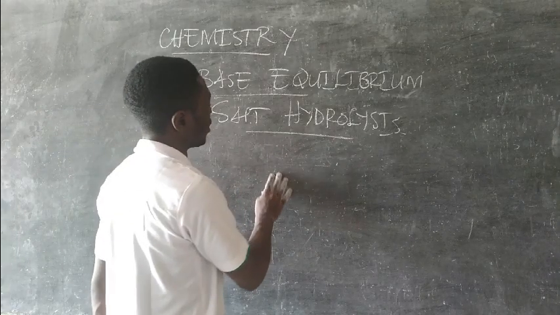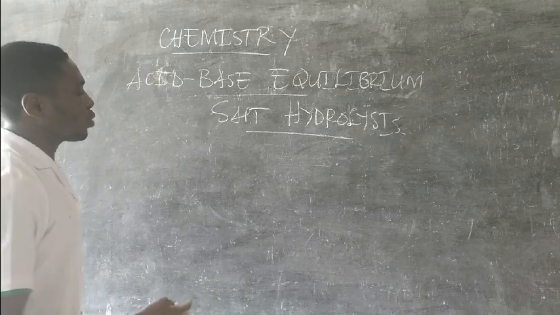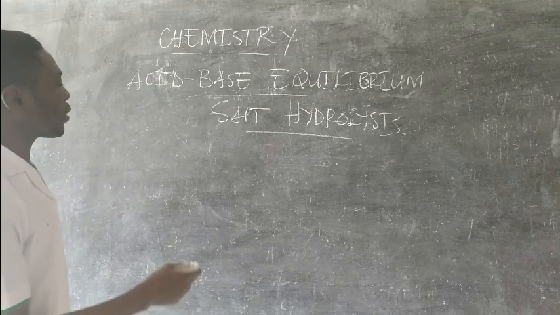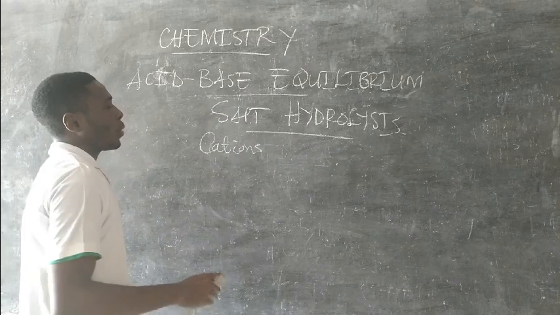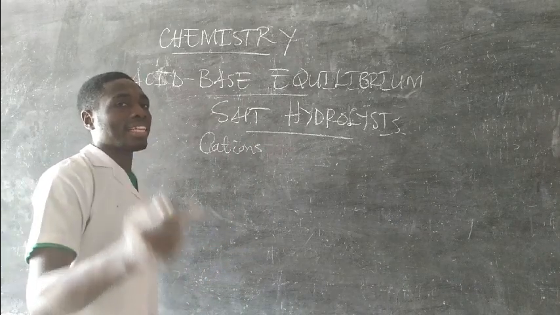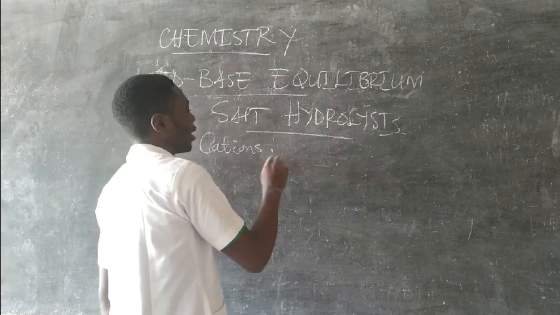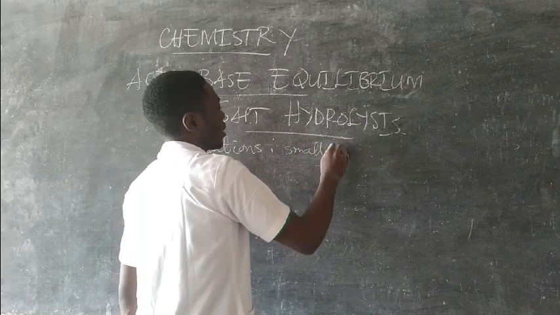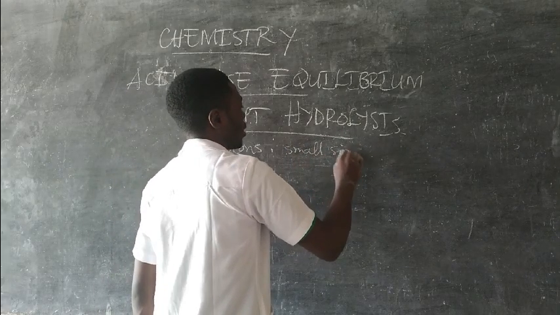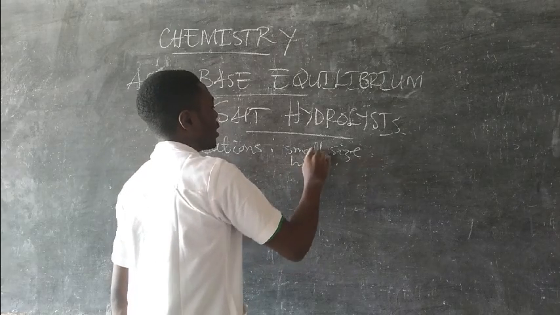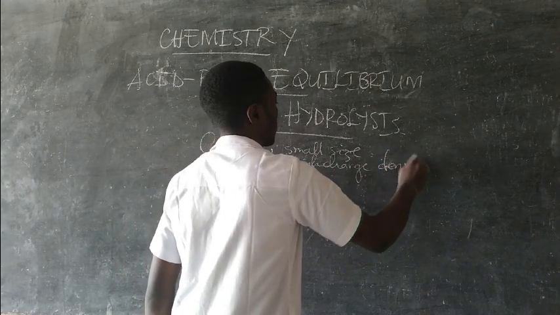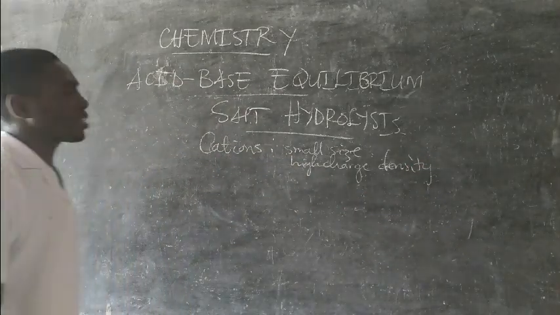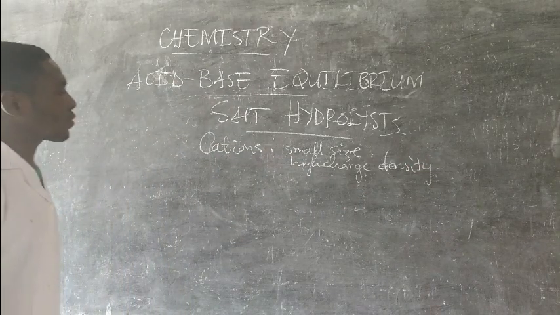I've already defined salt hydrolysis. Now let's look at what is going to happen. When you have cations with small size and high charge density, what happens?